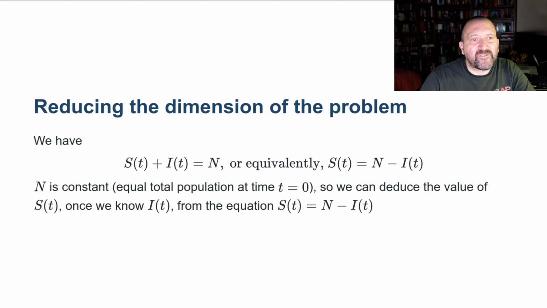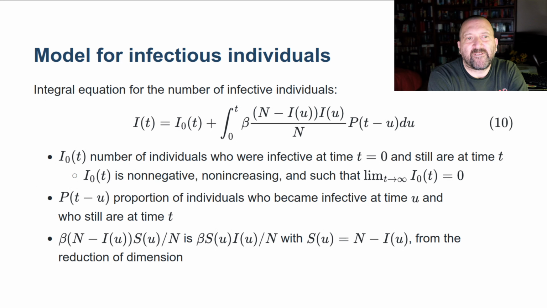So when I do so, well, first, before I start, let me make things simpler. I said the total population is constant, so that means that I can take S to be n minus I, and I can just use one single equation. It will be much easier here. And now let me write the model. That model is a bit more complicated than the models we've seen so far, so let me spend a little time to explain it.